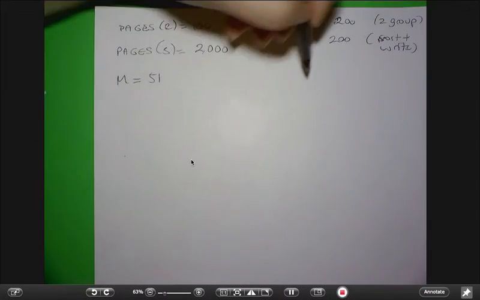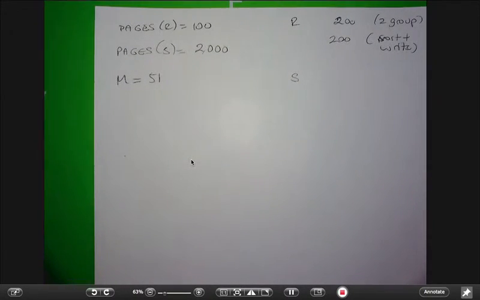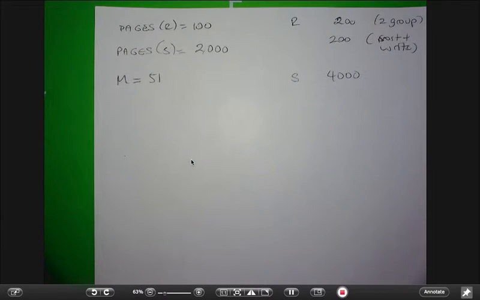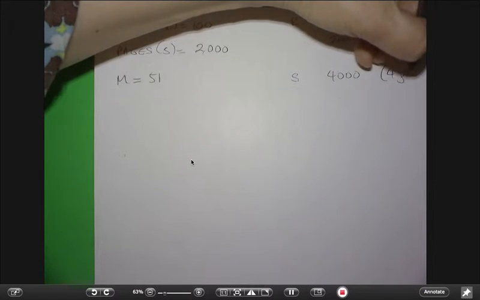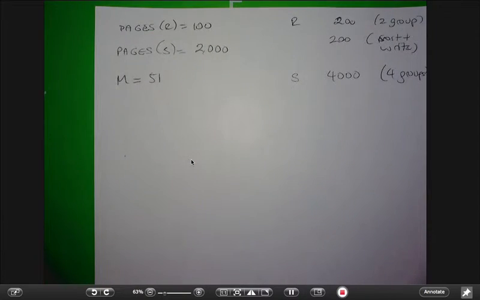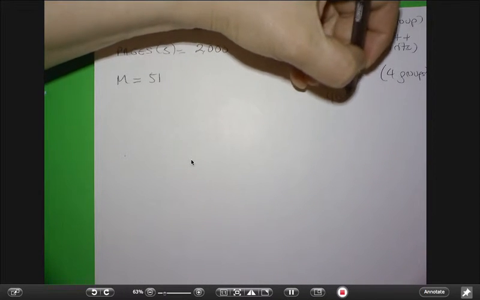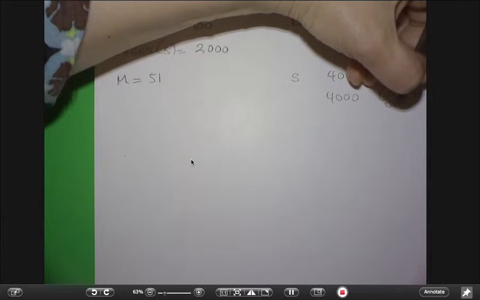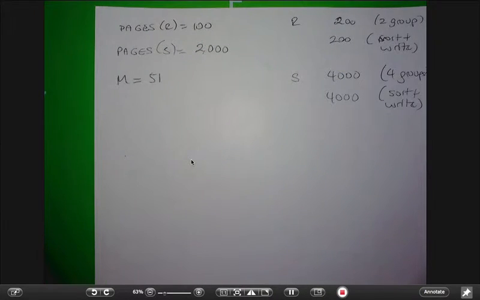Okay. Then S, I have 4,000, I read and write, and I will generate 4 groups. Then I have another 4,000, sort and write. And then I'm finally going to read them all, merge, do the join, and output.